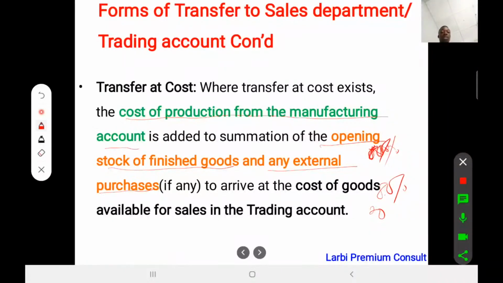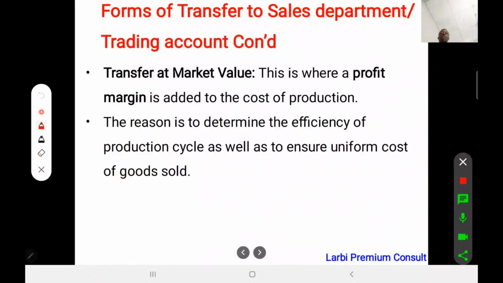But when it comes to transfer at market price, this is where there is a profit margin. As I was saying, a profit margin is added to the cost of production, and the reason is to determine the efficiency of the production cycle. We want to ensure that our products are competitive, because we don't want to sell any product below the market price.